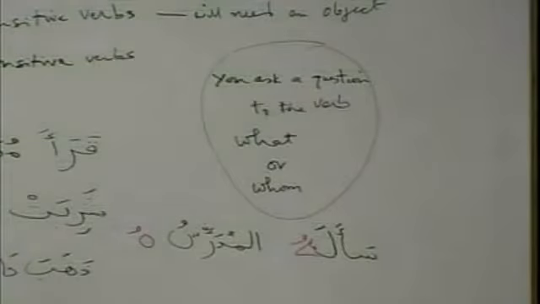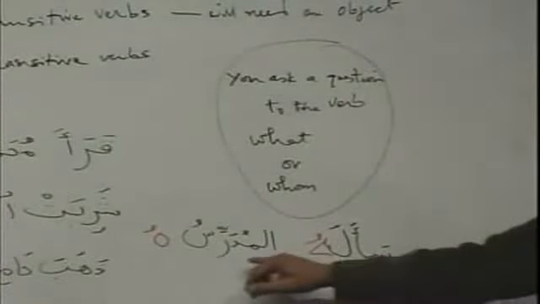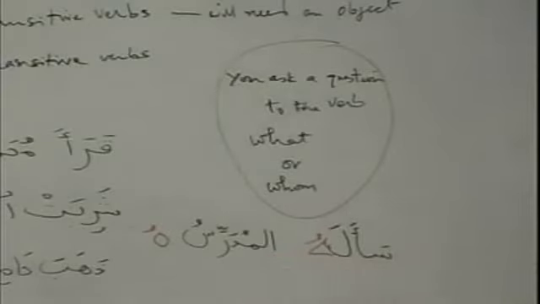Ismu inna, mansub. See, now we know that this same hu can be majrur or it can be mansub. If it is inna and akhwatu inna, then it becomes ismu inna mansub. If it is attached to the verb, it becomes mansub. So, brothers and sisters, sa'alahu al-mudarrisu. Okay.